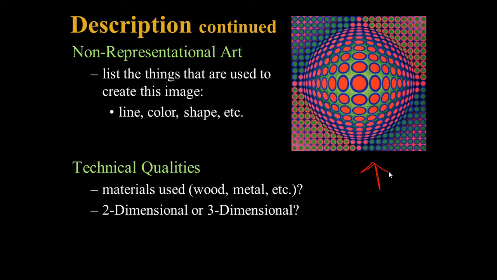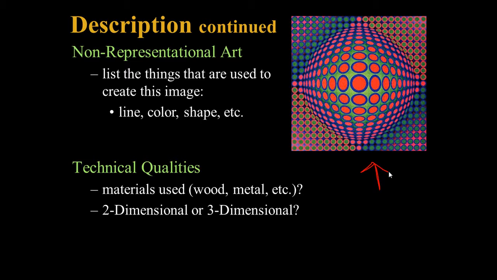Technical qualities: basically, try to figure out what the material is that the artwork is created out of. Is it two-dimensional? Is it three-dimensional? Both things I've shown you so far are paintings, so those are two-dimensional. If you visually can't tell the difference between acrylic paint, watercolor, and oil paint, I don't think that's necessarily relevant to appreciating or understanding an image.